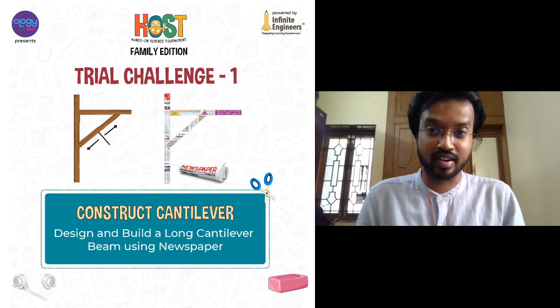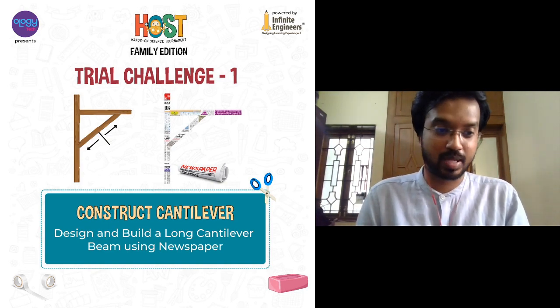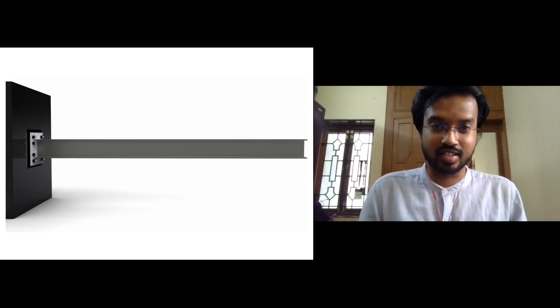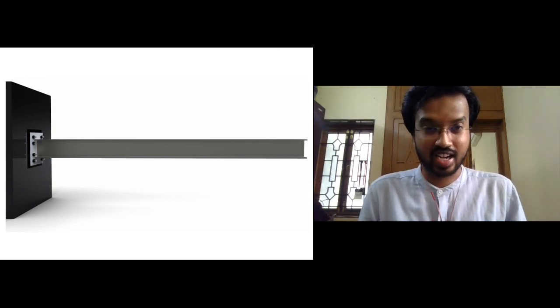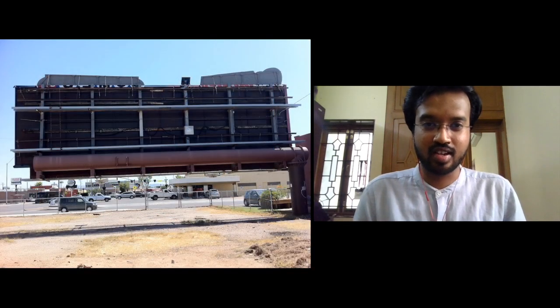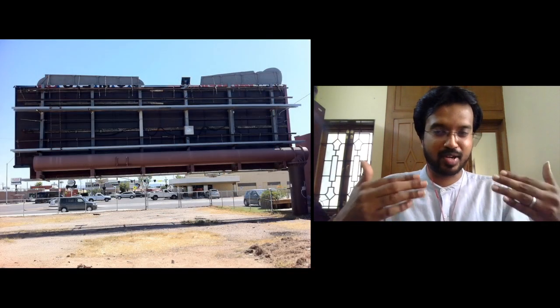Now I'm going to the real world application of cantilever beams. Here is a photo slideshow of many pictures. This is how a cantilever actually looks. When you're waiting at a bus stop, the shade is done by a cantilever. You see it in signboards and advertisement boards.